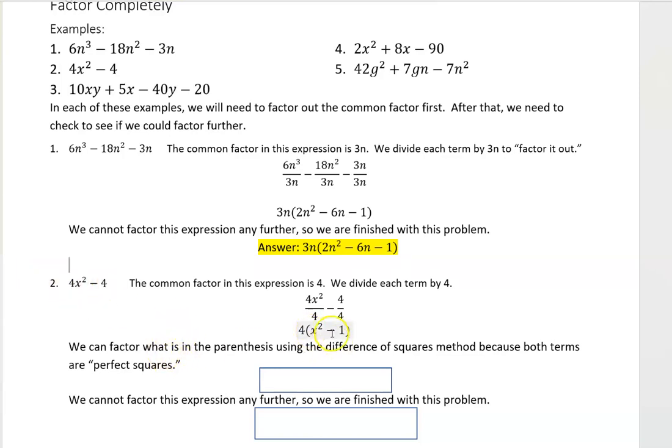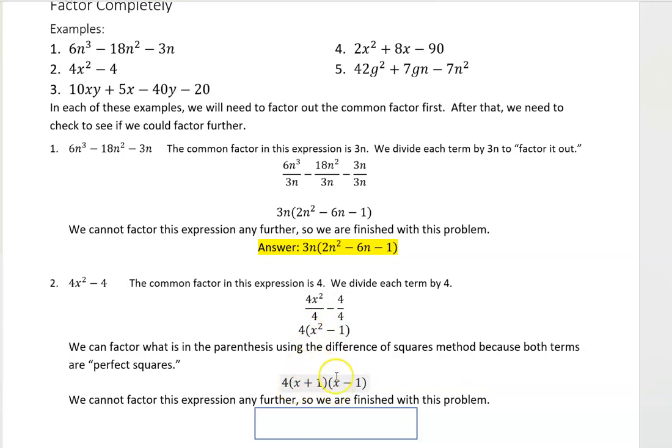Okay, so now this is a difference of squares. Because this is a perfect square, x squared is x times x. And 1 is a perfect square because 1 times 1 is 1. This is not a video teaching you how to do the difference of squares. This is just showing you what to do when you have to factor twice. So I will just say what happens is this minus becomes a minus and a plus. And your first term, x squared, breaks down into those first 2 spots.